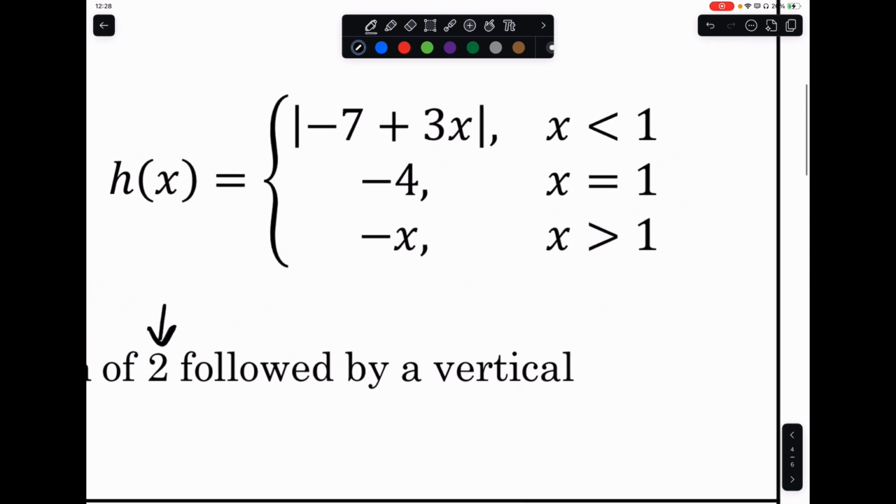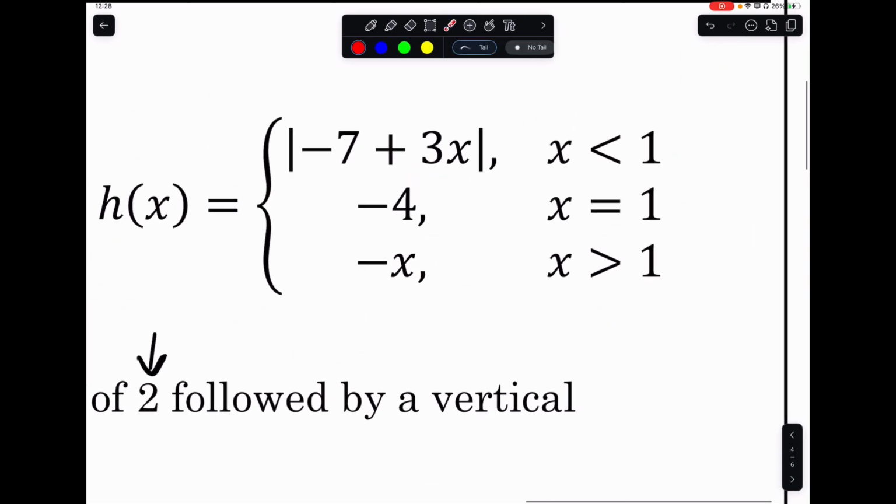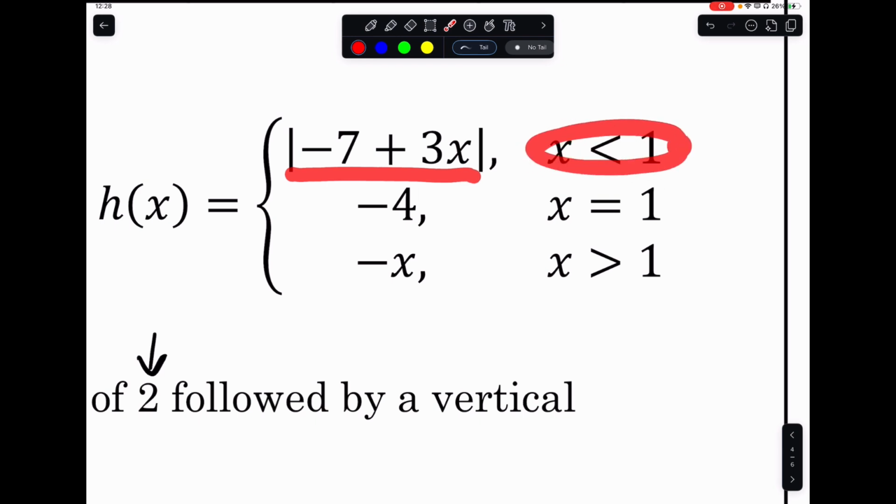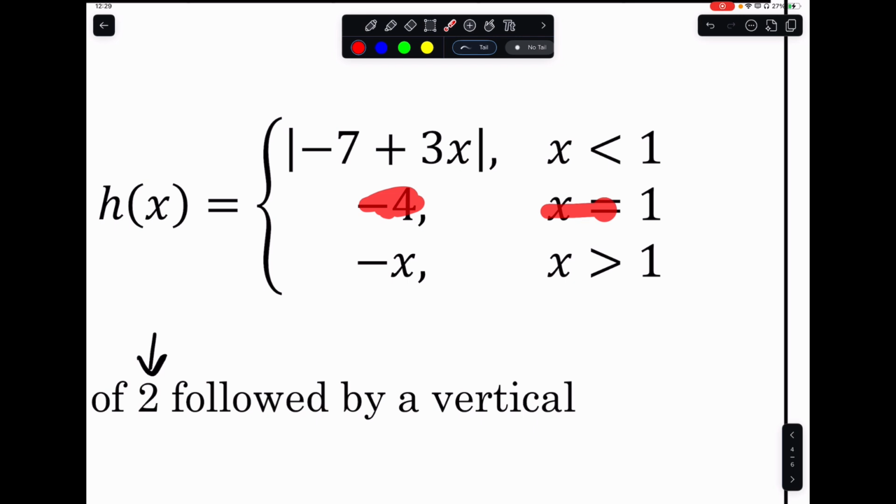The first piece of h, again, is the absolute value of 3x plus 3x, when the x that we're going to plug in is a number smaller than 1. Well, it can't be that since we're plugging in the number 2. We can't use the middle piece because we can only use the middle piece if the number we're going to plug in is exactly 1. So we can't do that one. So the piece we're going to use is negative x.